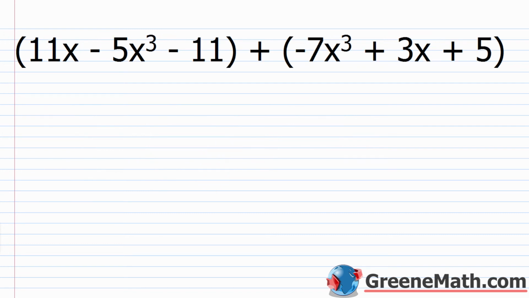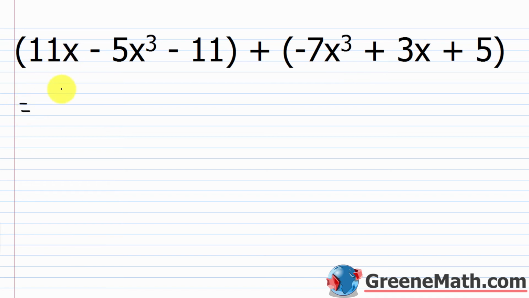All right, now I have 11x minus 5x cubed minus 11, plus I have negative 7x cubed plus 3x plus 5. So if I wanted to, I know that this x cubed here is going to have the highest degree. So I could start out with that one if I wanted to, or I could just rearrange it at the end. It doesn't really matter.